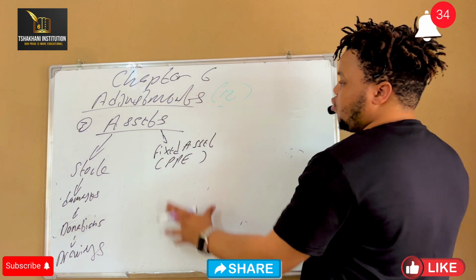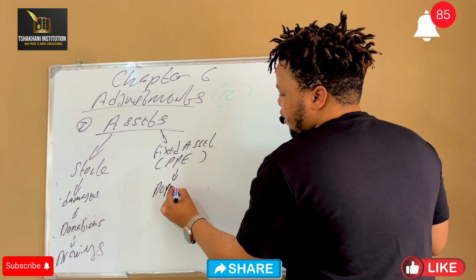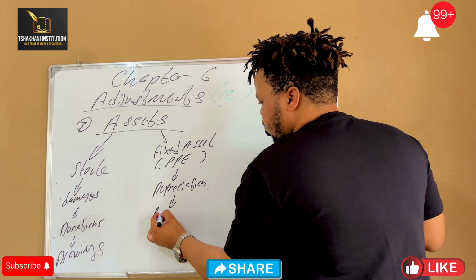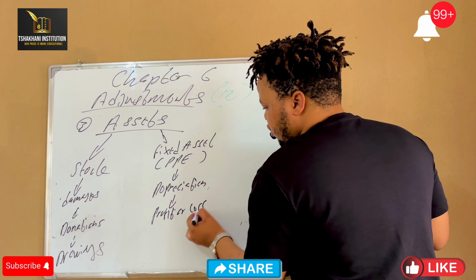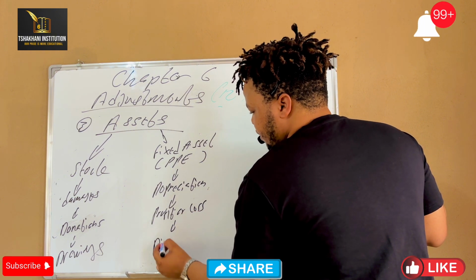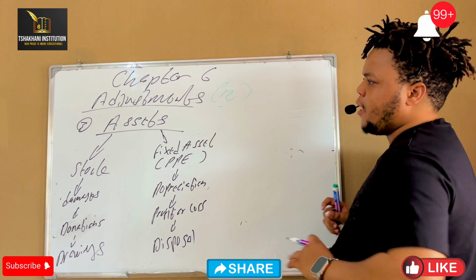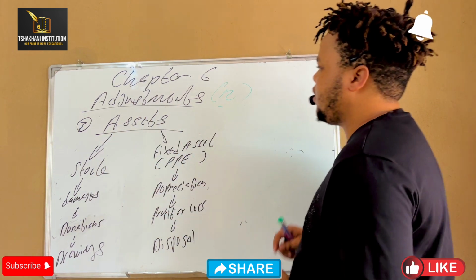So it's about depreciation, it's about profit or loss, it's about disposal. We are all together, right? So if you see assets in the adjustment, they're talking about these things.